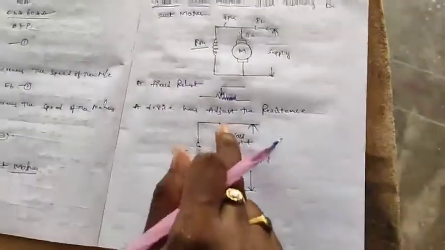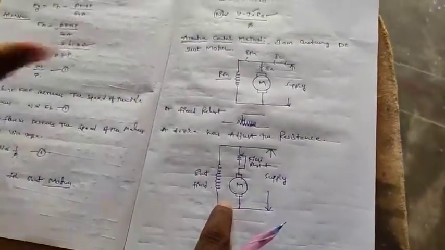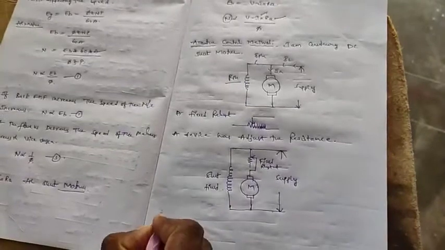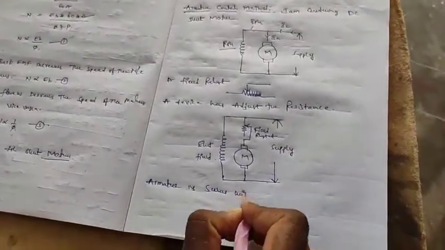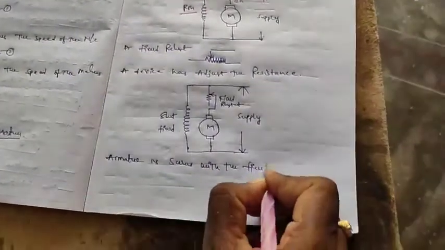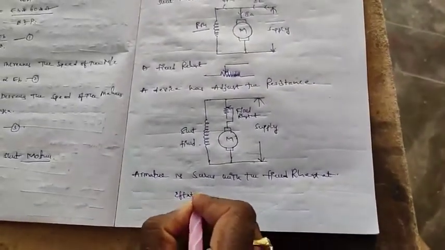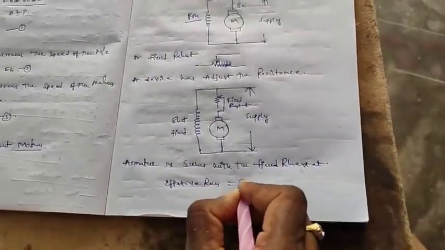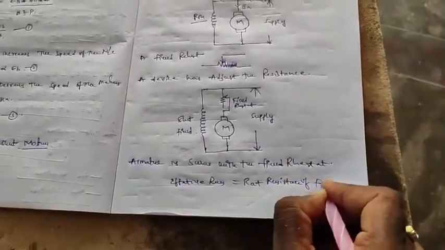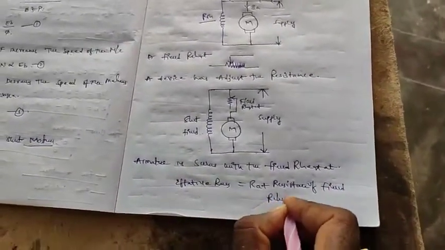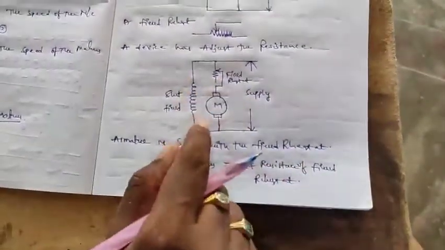The armature is in series with the rheostat. That means the effective resistance is armature resistance plus resistance of the rheostat.